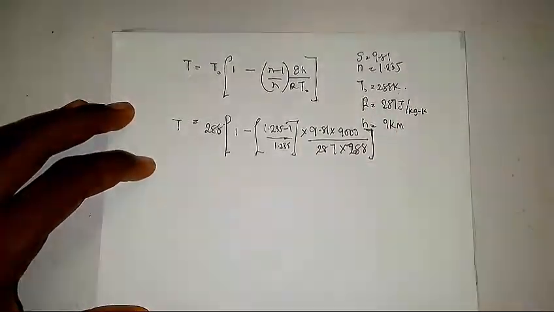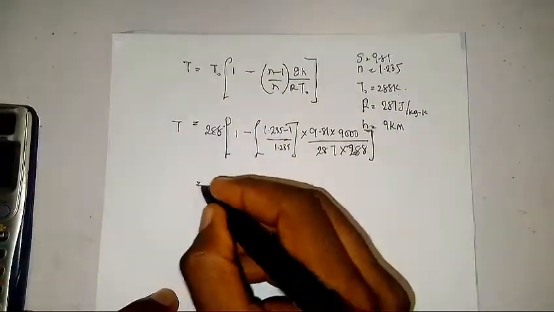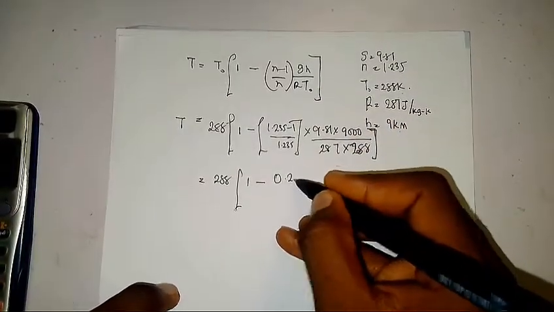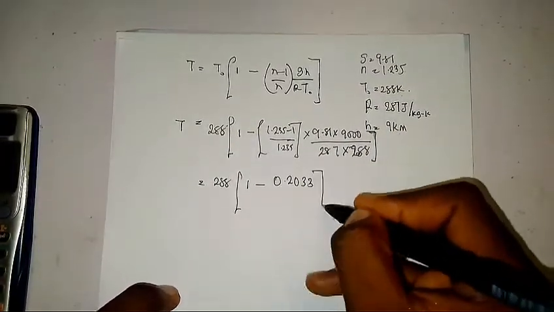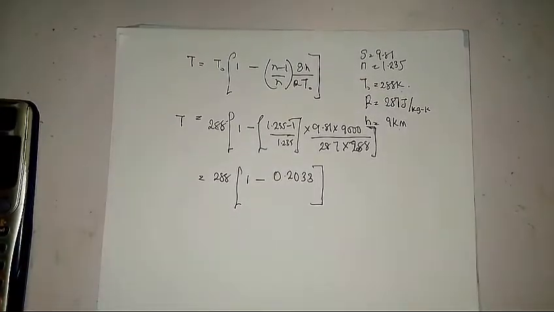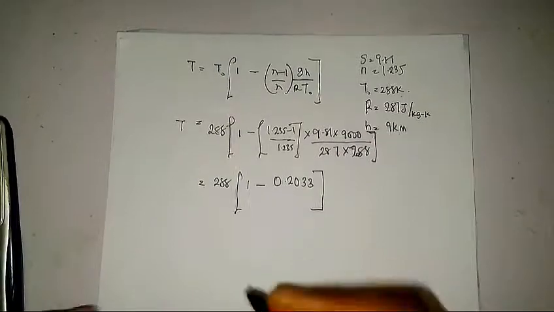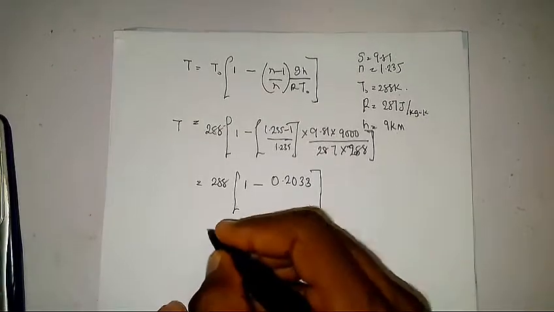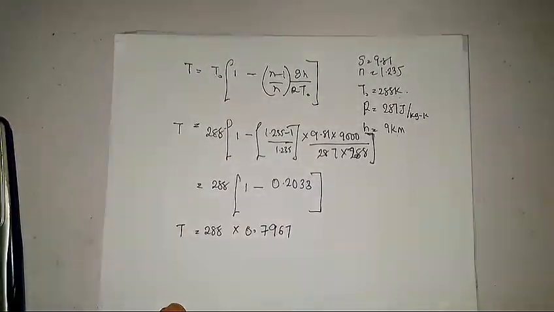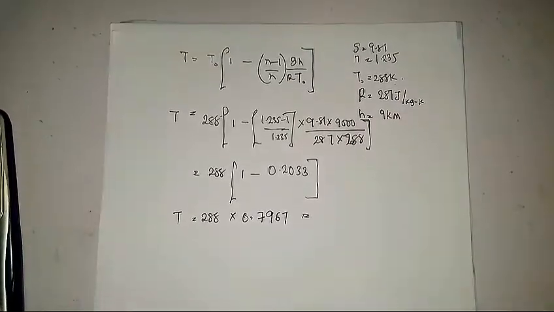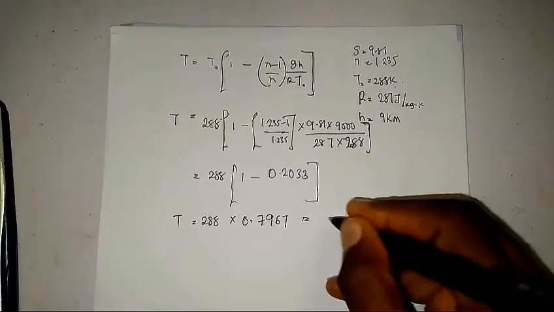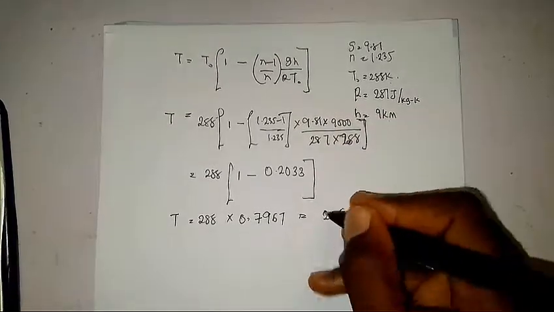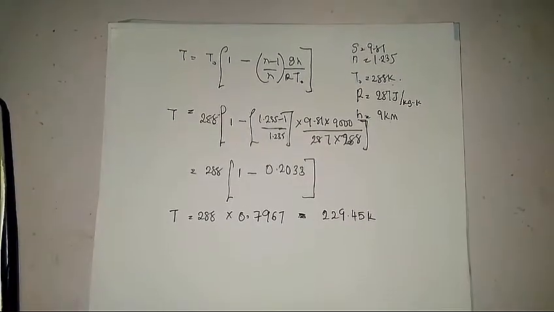Simplifying this, we have 288 open bracket 1 minus 0.2033 close bracket. So 1 minus this times 288 will definitely give me 0.7967 times 288 equals my temperature. So this times this gives me 229.45 Kelvin. So this is the temperature at the height of 9 kilometers.